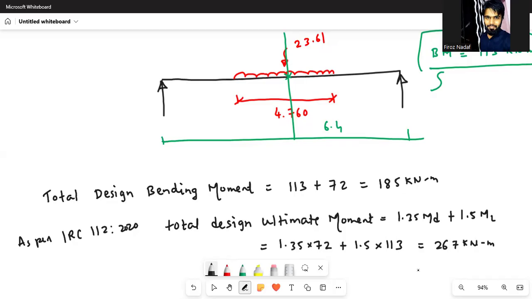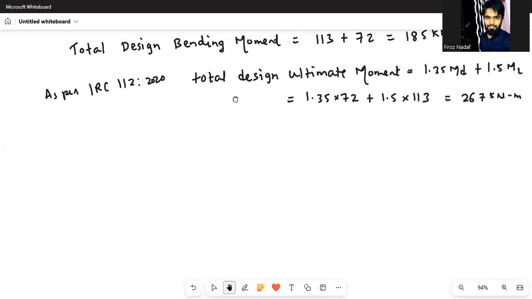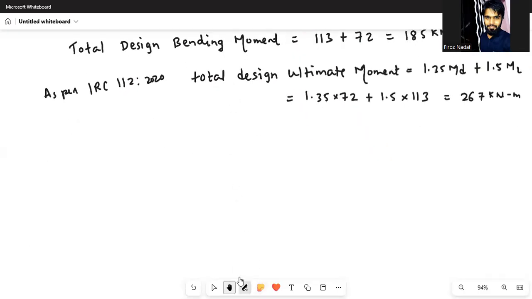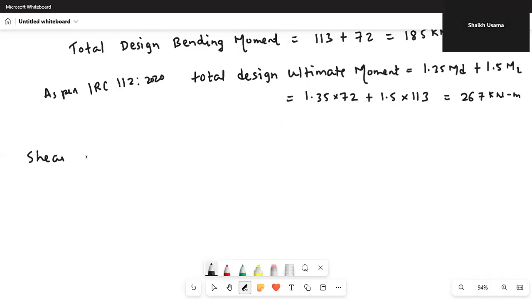So our next topic is to find the shear force due to IRC class double A track vehicle. We have calculated bending moment, and the next thing is to find shear force.